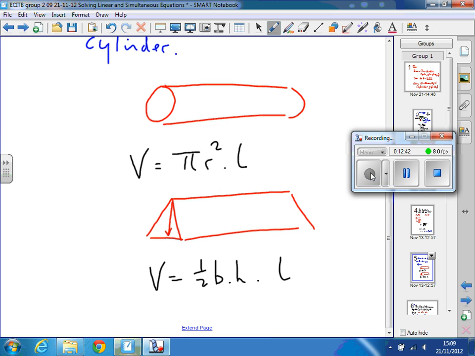And so you might need to use Pythagoras, as we've discussed before, to find out what that vertical height is. But the formula for the volume, again, is just the area of the end multiplied by the length. So that's worth remembering. For a prism, that's always the case.